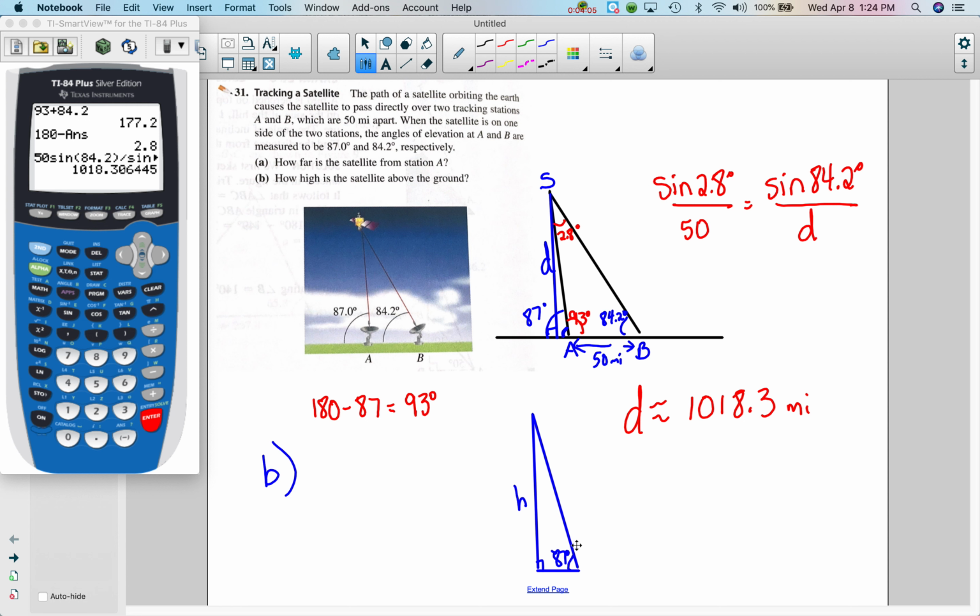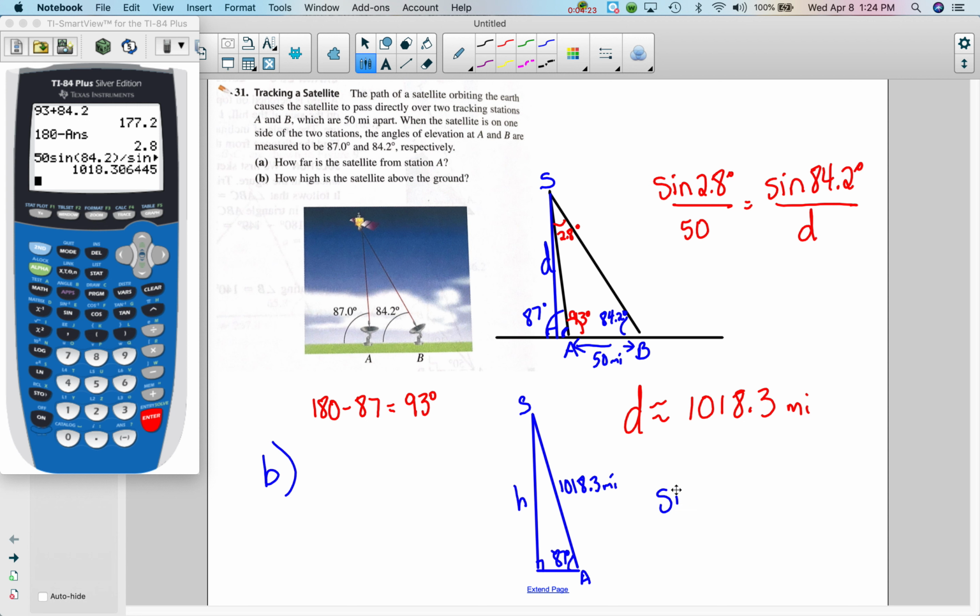And what else do we know? We know that this side right here, this was the satellite, and this was station A. And we just found this side to be 1018.3 miles. So now, note, this is a right triangle. I can just use SOHCAHTOA.